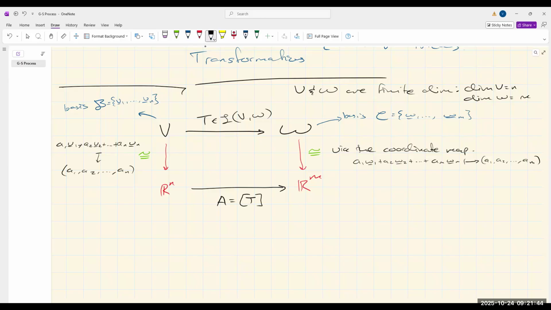So the matrix that does the linear transformation between these two spaces is precisely the matrix representation of the original linear transformation. Convert this linear transformation into a matrix with respect to these two bases. That is precisely the matrix that you see here. So it's [T] from B to C, right? That does this mapping.